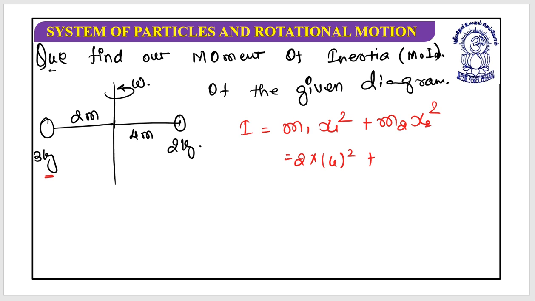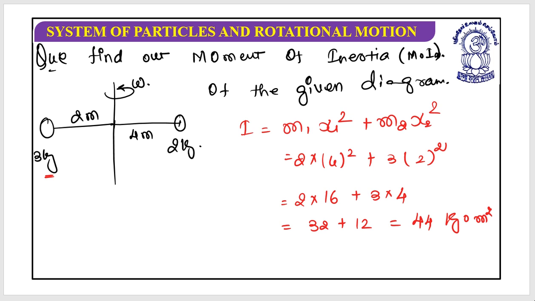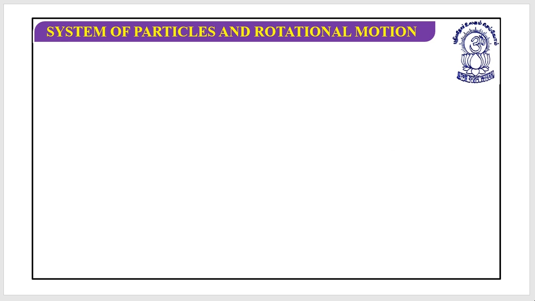Plus mass two, 3 kg multiplied by 2 as the distance, 2 square. So this equals 2 into 4 square, which is 16, plus 3 into 2 square, which is 4. So this equals 32 plus 12, which is 44 kg into meter square. I hope this is clear. Great. Let's look at the next question.